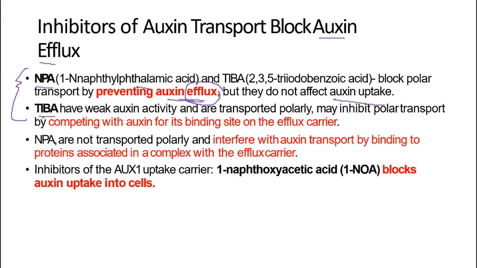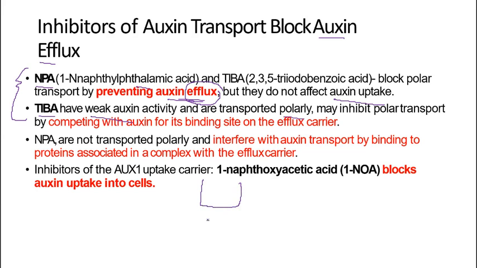Now, understanding the role of each inhibitor: TIBA has a weak auxin activity. It is also transported polarly like auxin and competes with the release of the auxin through the efflux carrier. I will show you.